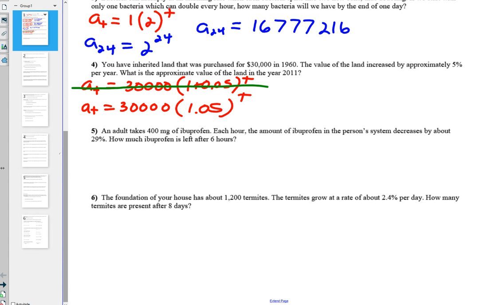So then the next part of it is how much time passes from 1960 to 2011? 51 years. So the amount after 51 years is equal to 30,000 times 1.05 to the power of 51.